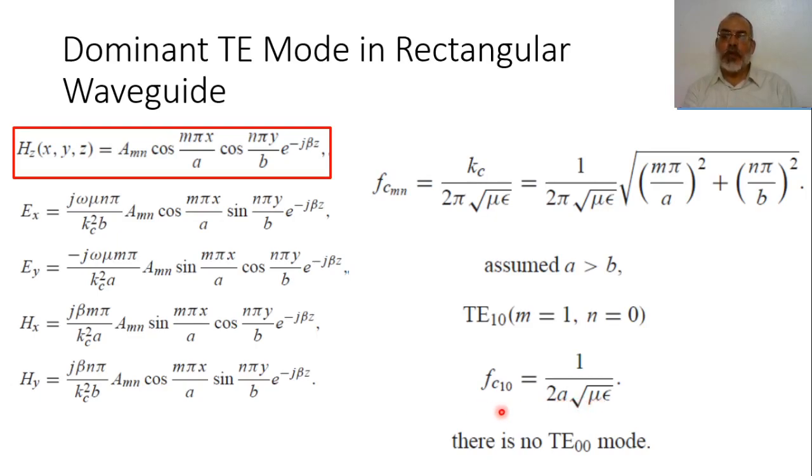Below this frequency there is no propagating mode, and no power can be transferred through the rectangular waveguide. So this is the lowest frequency that can be used to transfer power from one point to another inside a rectangular waveguide.